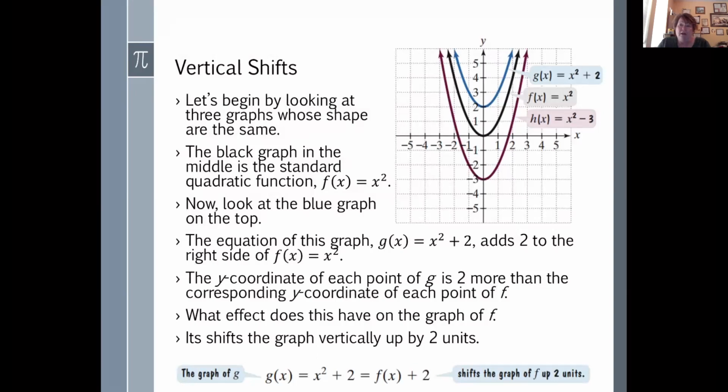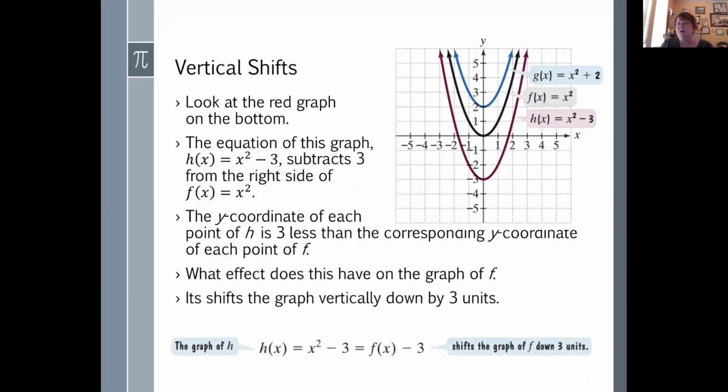So the graph of g of x equals x squared plus 2 is the graph of f of x plus 2, or it's the graph of f of x being shifted up 2 units. So if you add a constant to the output of a function, then you're going to raise that function up. So if I take the function f of x, which is x squared, and I add 2 to its output, so I get x squared plus 2, that is the function shifted 2 units up.